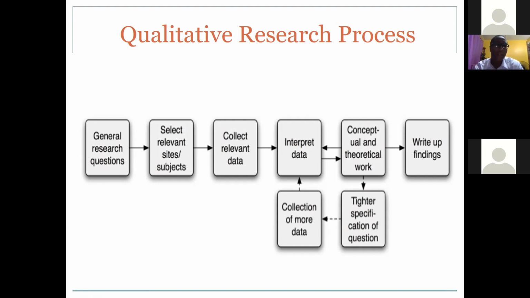So having identified that general research question, we would select the research participants, the research site, right? Collect relevant data, and there's some planning around that, planning the relevant data, which also includes piloting the instrument. Yes?